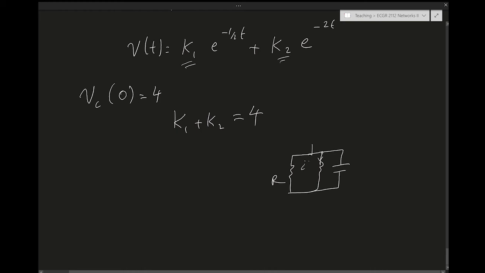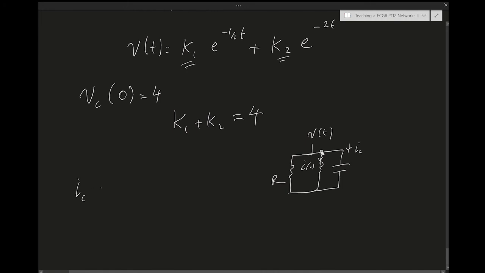So this is I0. Okay, we need to apply KCL again, right? Because we know what the voltage is on the cap. This is V of t. What is the voltage on the inductor? What is the current through the capacitor then?